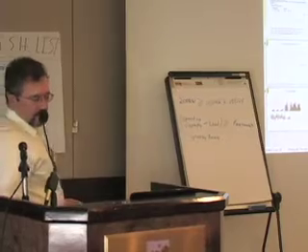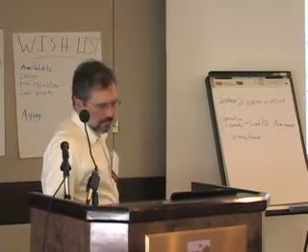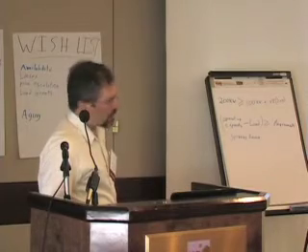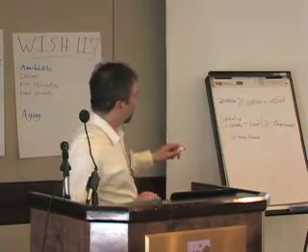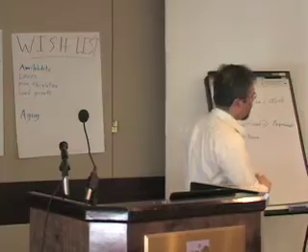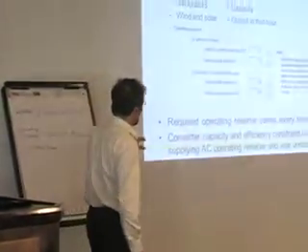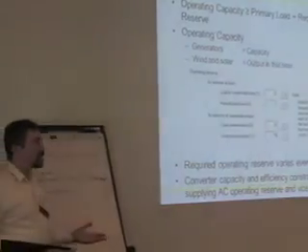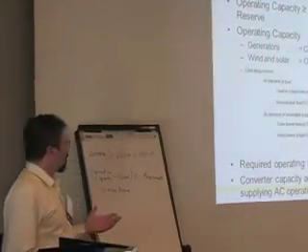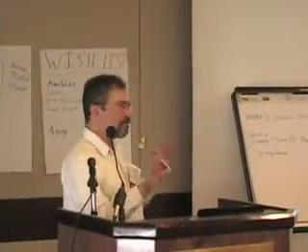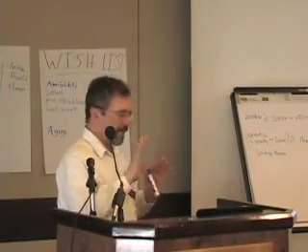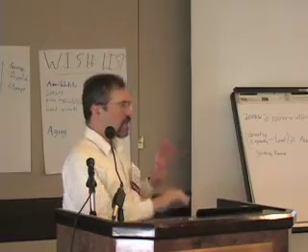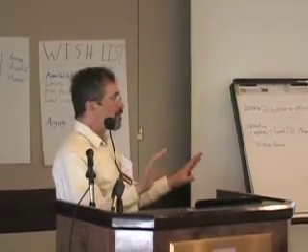Just to be totally thorough about it, I think I've already mentioned that the required operating reserve varies every time step. Another important point is that Homer tracks what's on the DC bus and what's on the AC bus separately.